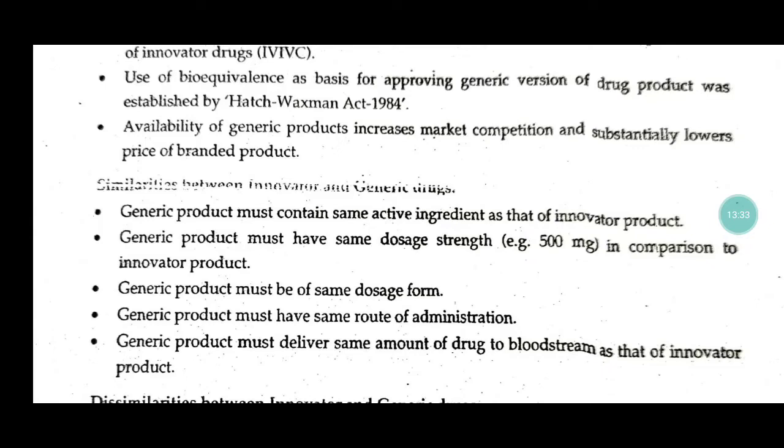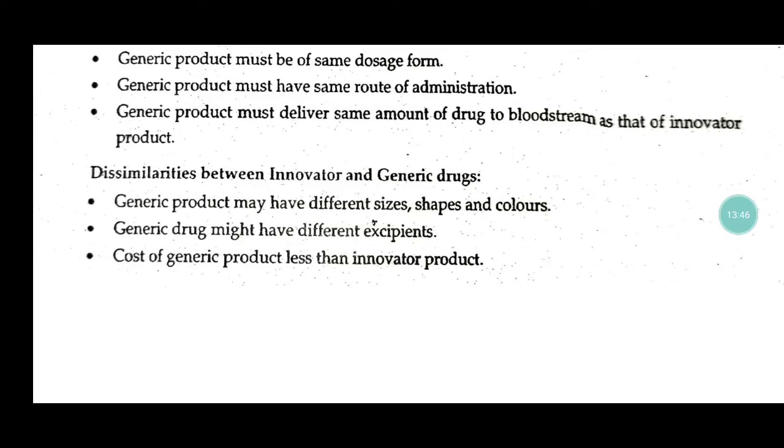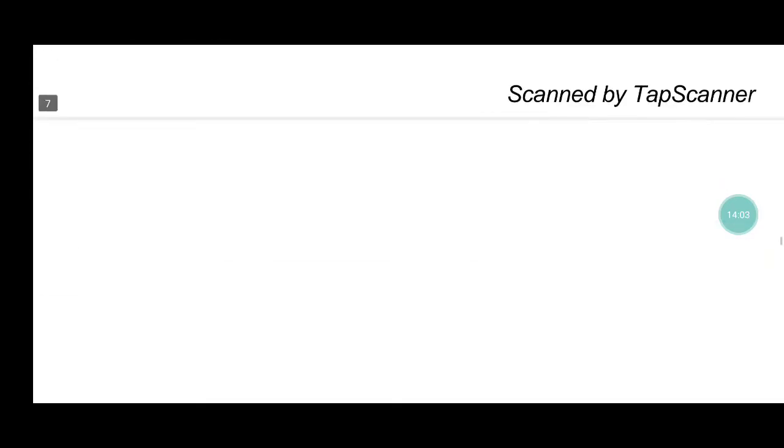Generic product must be the same in the route of administration, and the generic product must deliver the same amount of drug to the bloodstream as the innovator product. The dissimilarities between the innovator and the generic products: they may have different sizes, shapes and colors, the generic drug might have different excipients, and the cost of the generic product is less than the innovator product.